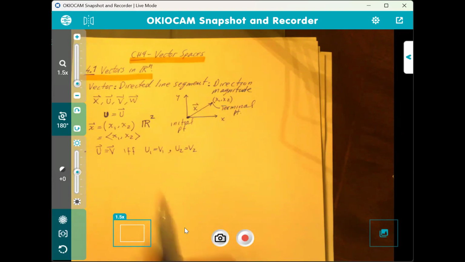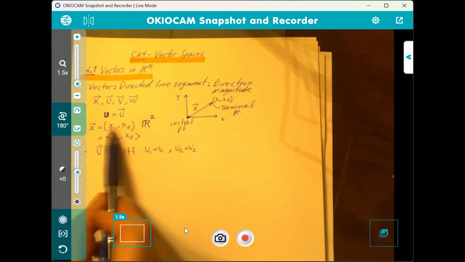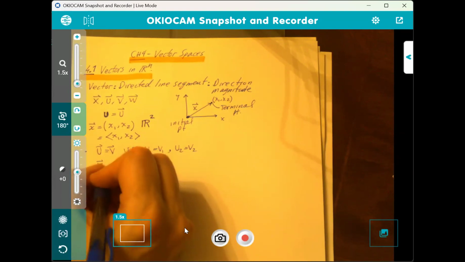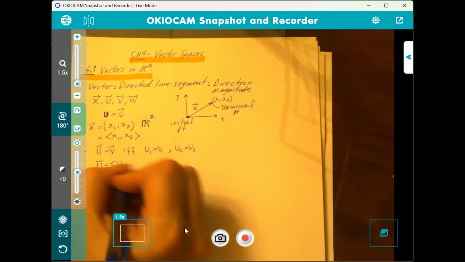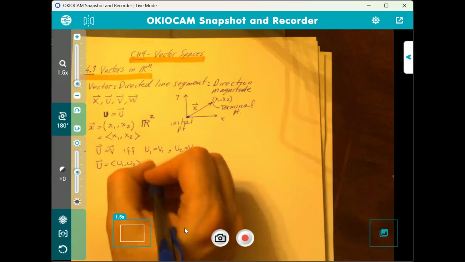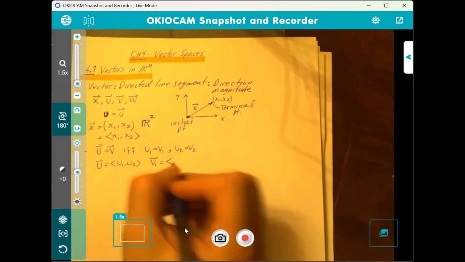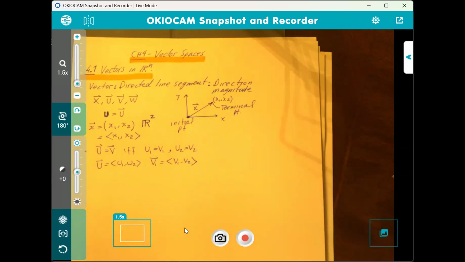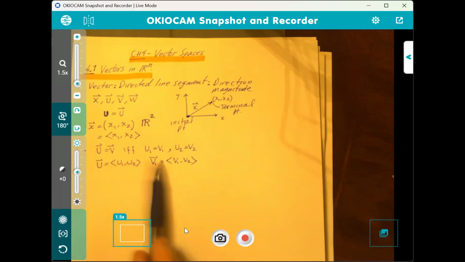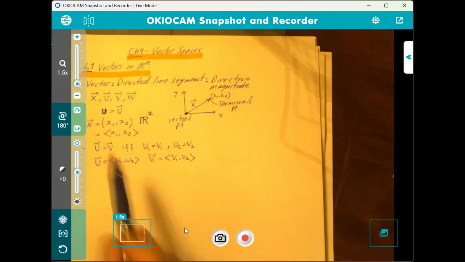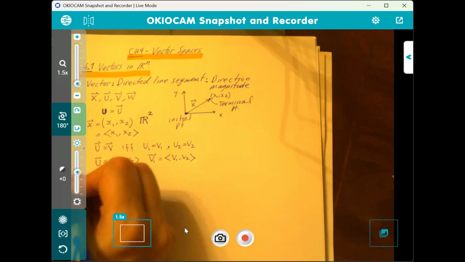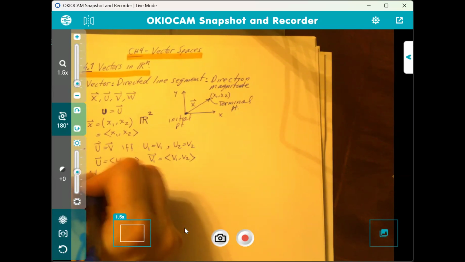The components are real numbers, just like the x's here. Vector u is made up of components u1, u2, and vector v is made up of components v1, v2. So in order for u and v to be equal, meaning identical, the corresponding components must be identical.